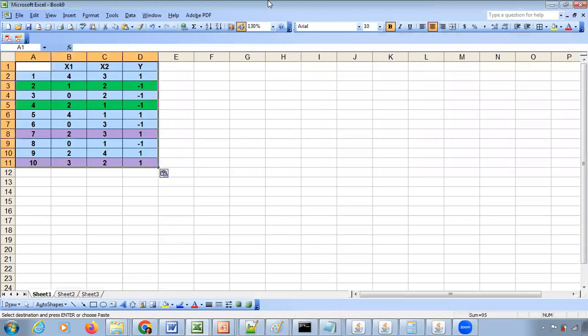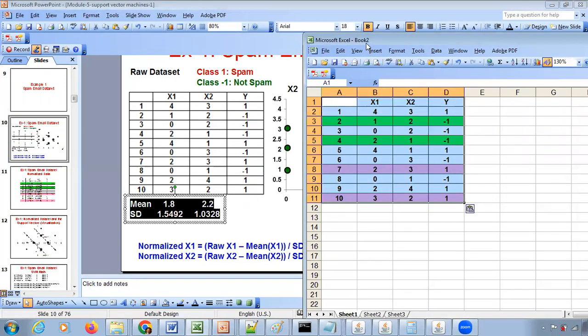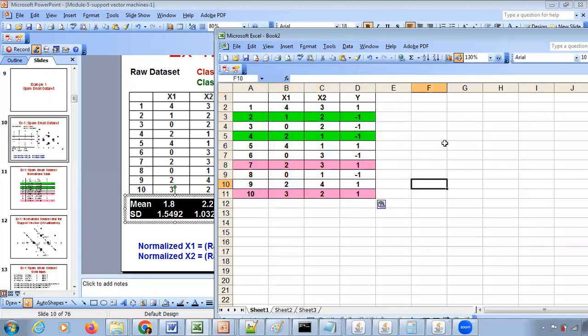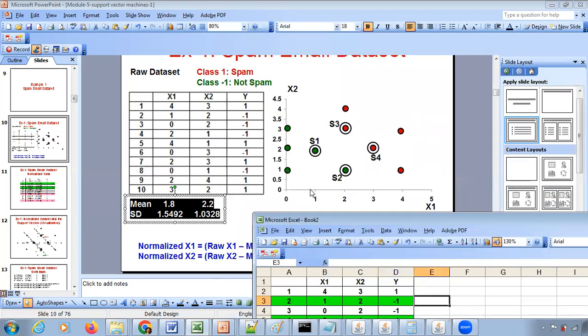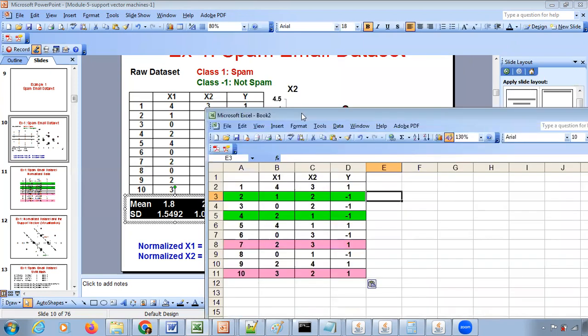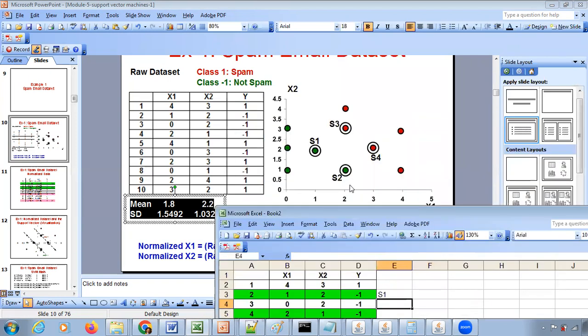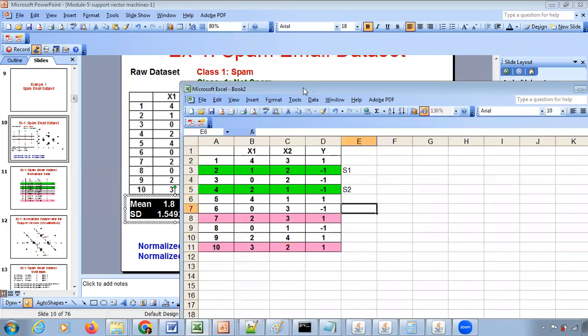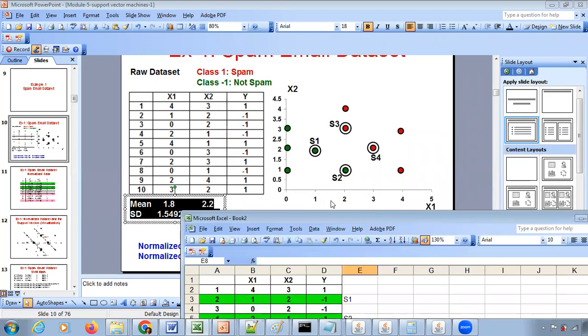We can highlight the support vectors. So 1, 2 is my S1, just for reference purposes. And 2, 1 is my S2, which is this point here. And then 2, 3 is our S3.